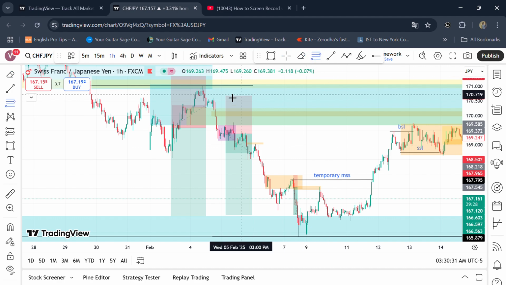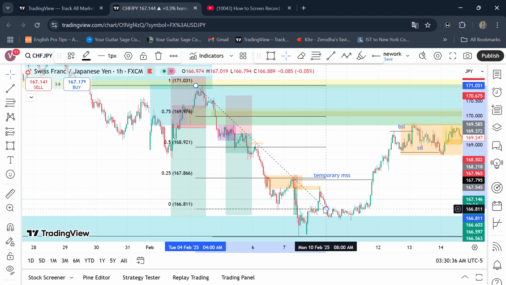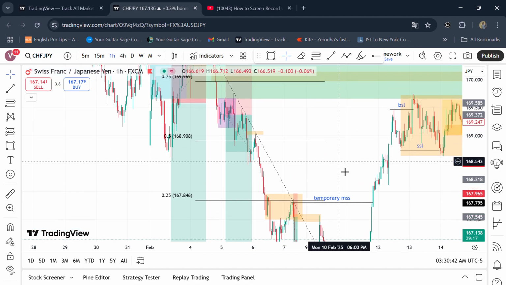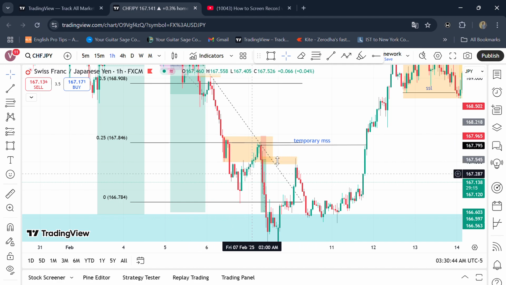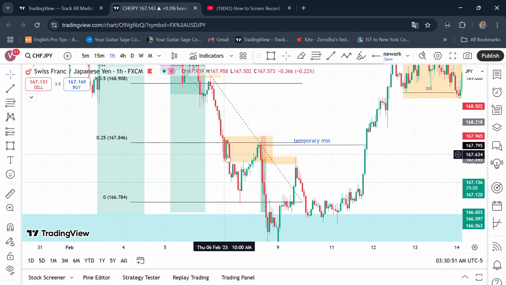So if you draw a quadrant on it, you can see this 1-hour order block fell exactly on this 0.25 region of the quadrant.